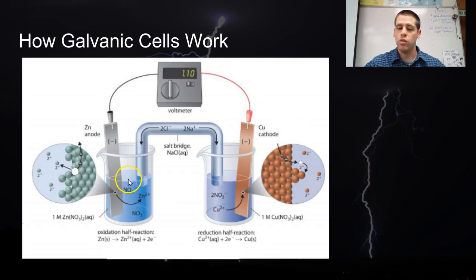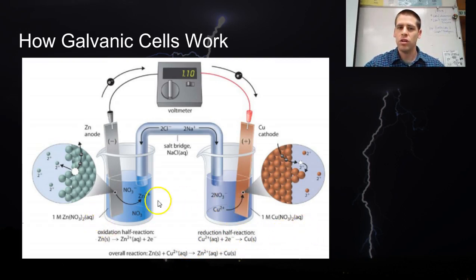So from here we could write our half reactions. On the zinc side, we're oxidizing, so we're going from zinc solid to zinc ions. And on the copper side, we're going from ions to solid, so that's reduction. So the electron flow is going from the left to the right. And if we put the two reactions together, we would have an overall reaction where we're going from zinc solid with copper ions to zinc ions with copper solid. This is essentially just a single replacement reaction with the spectator ion kind of removed.